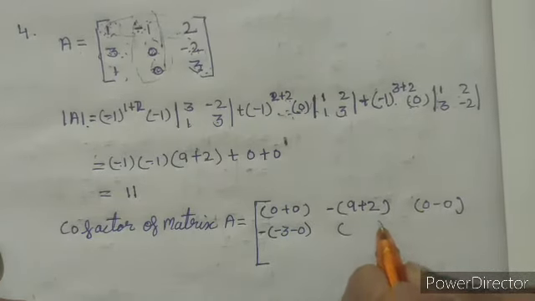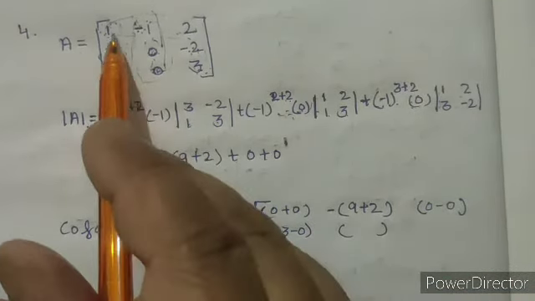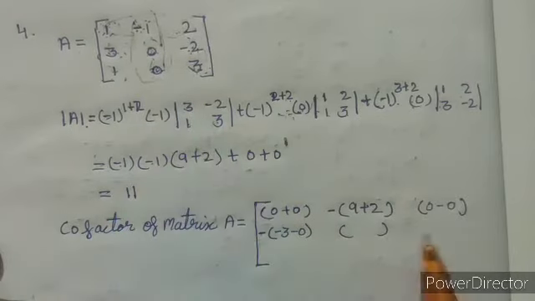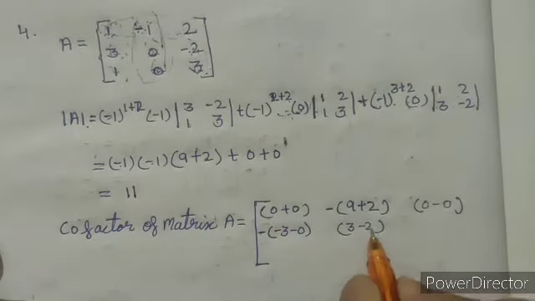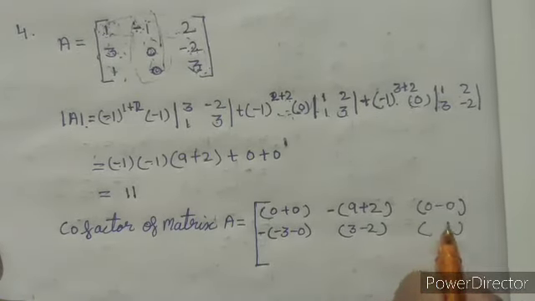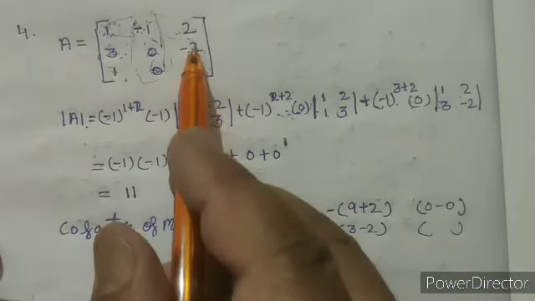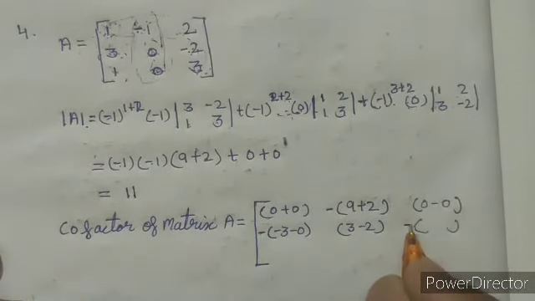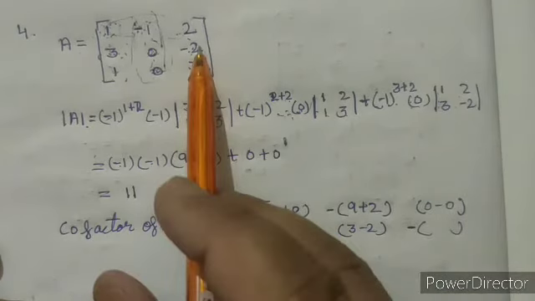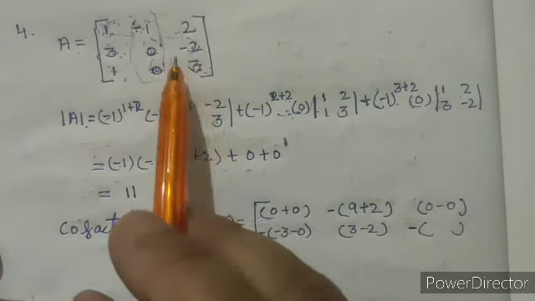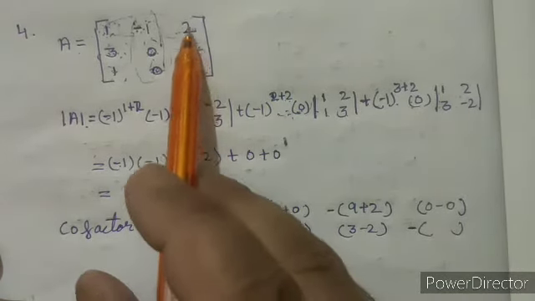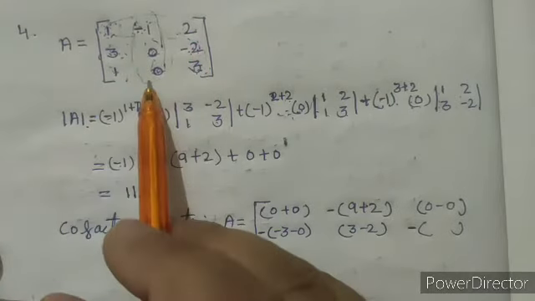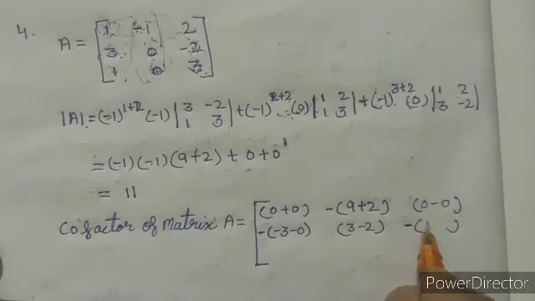Similarly for 0 we will get 3 minus 2, and for the last element of the second row it will be minus 1 raised to power 2 plus 3, that will be negative, and for minus 2 the minor will be 0 plus 1.